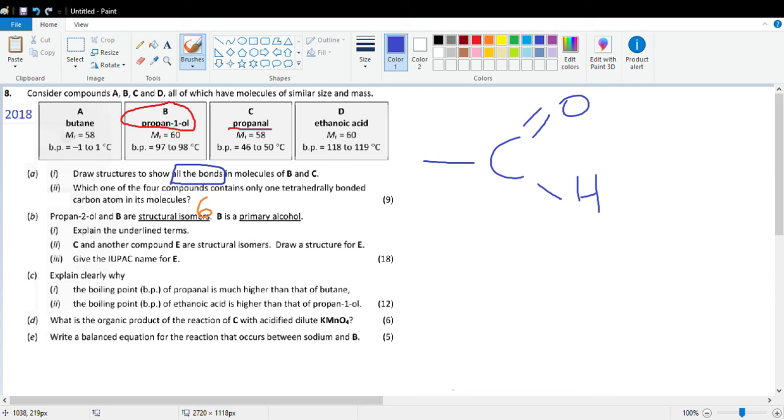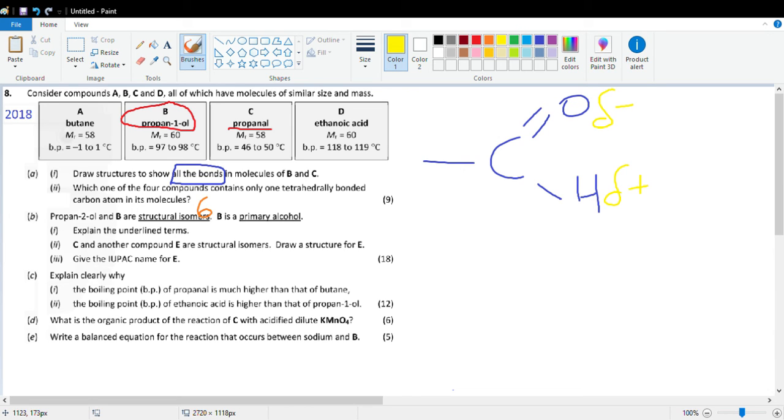So in this we've got the delta minus on the oxygen, and we've got a delta plus on the hydrogen. So what that means is that those can form dipole-dipole forces between the aldehyde molecules, making it more difficult to separate those molecules, which is what you're doing when you're boiling them.